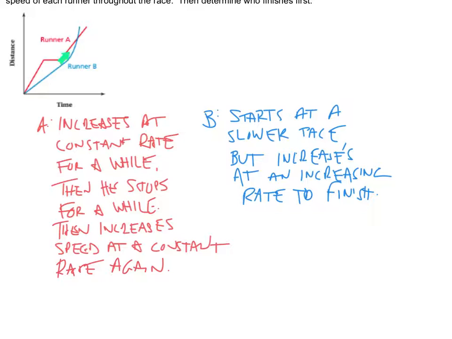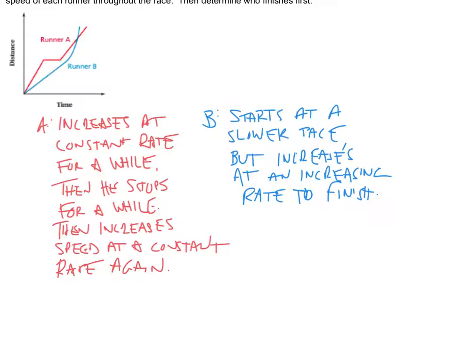And then he picks up again at that same very steady pace. Okay? The other runner starts out slower. This person is going more distance over time than this person is covering until about here, right? And it's a pretty constant rate here, but it's definitely a slower rate.